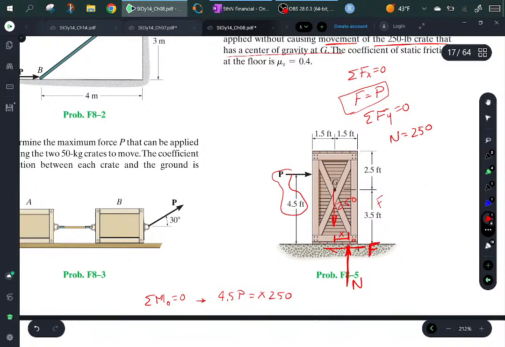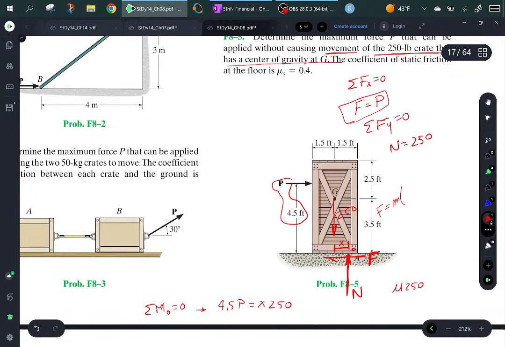Mu times 250, and mu being 0.4, means I could say that that's about 100. So that should say the minimum of, if I reach 100, it breaks free. That's mu times N.